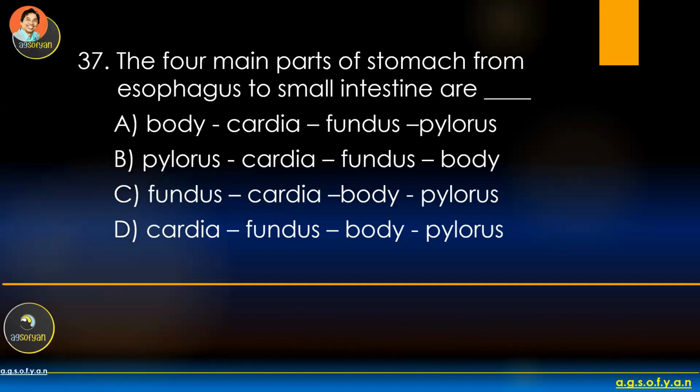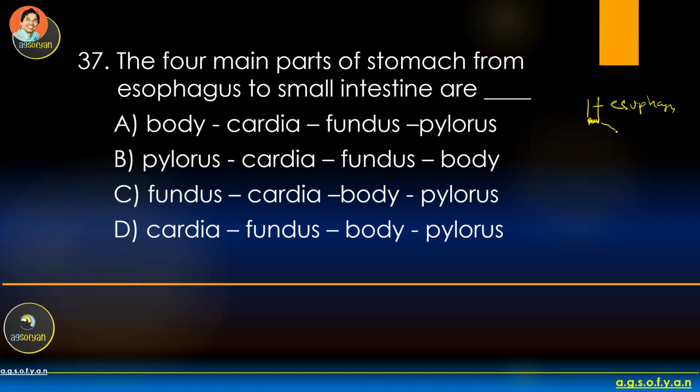The four main parts of the stomach from esophagus to small intestine are, choose your answer, A, B, C, or D. Okay, at the esophagus, it's going to be the sphincter. It's called the lower esophageal sphincter.